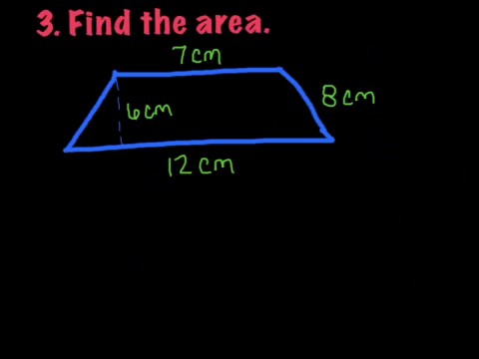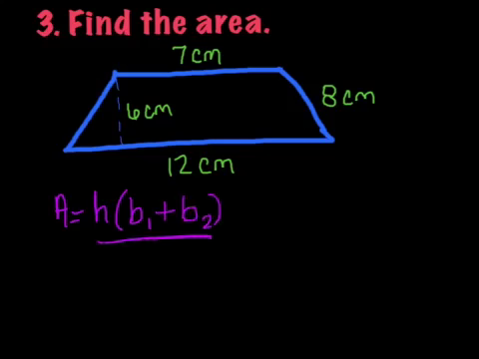Okay, last problem. Finding the area of a trapezoid. So this formula is just a little bit longer. You might remember it's area equals your height times base 1 plus base 2 divided by 2.